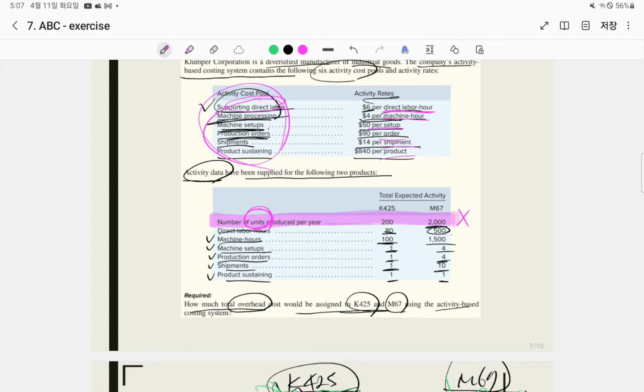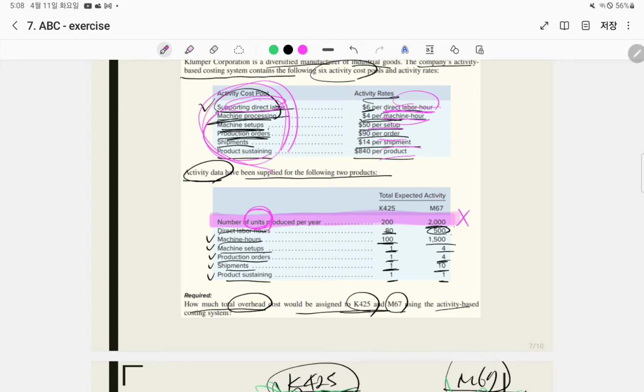So this highlights the difference between the traditional costing method and ABC, because the traditional costing method usually assigns the overhead cost based on the unit of products, right? However, in activity-based costing, not many activity costs are driven by unit of products.